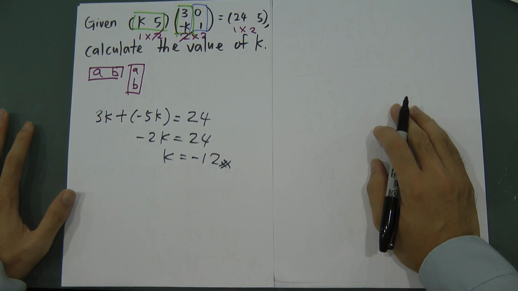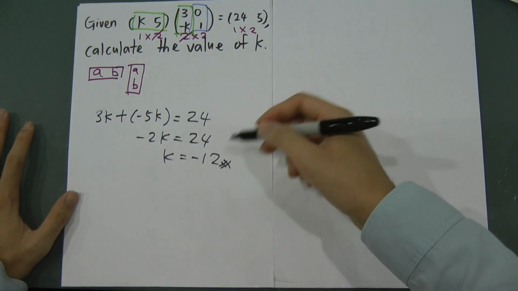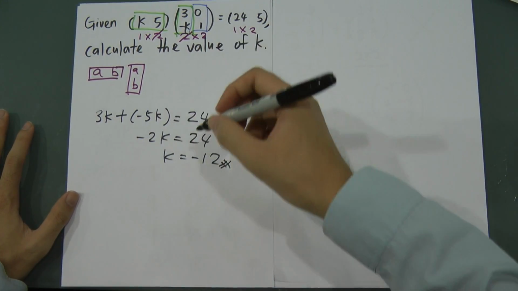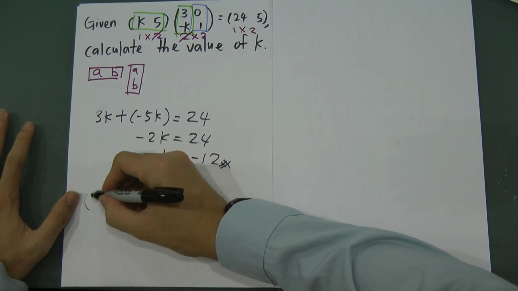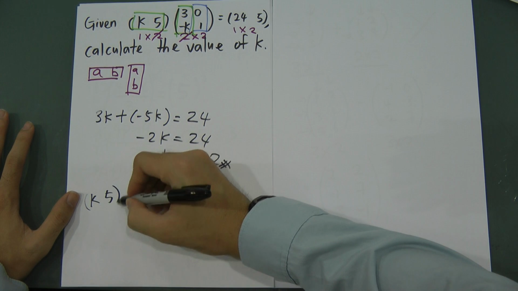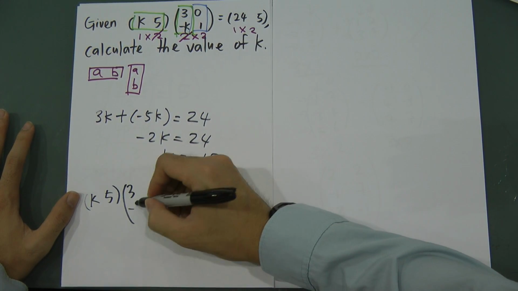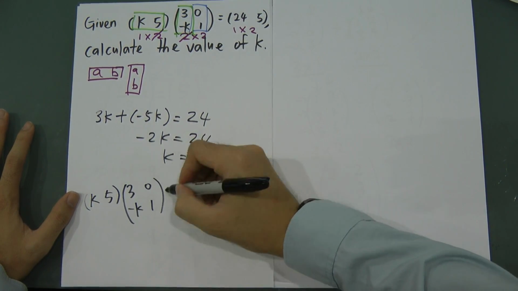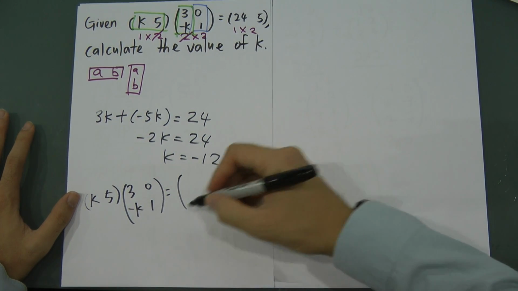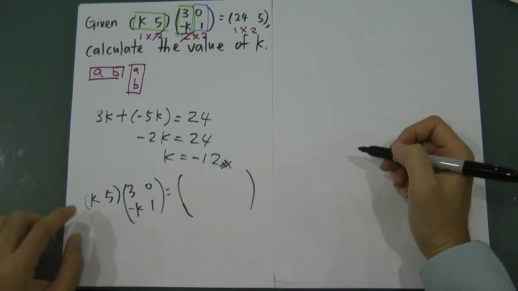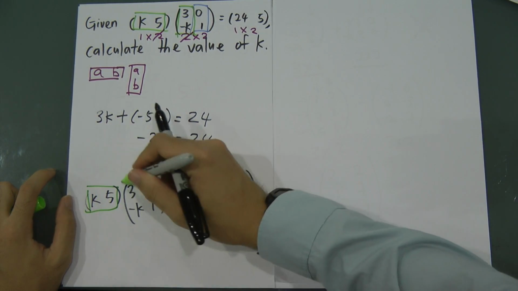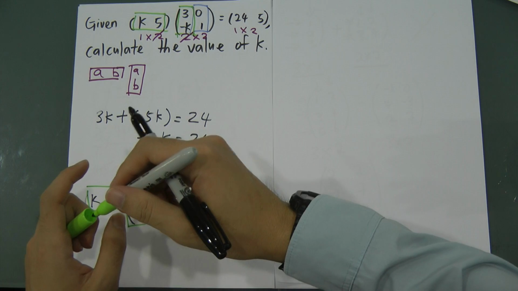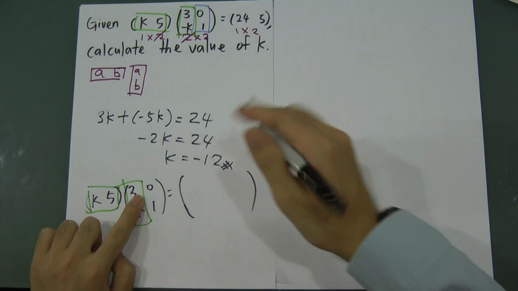However, if you're still very confused how actually I do it like this, you can just multiple like usual by yourself. Never mind, let me do it here to guide you also. Let me multiple, see what answer I got over here. Horizontal multiple vertical, right? So k multiple 3, I got 3k.